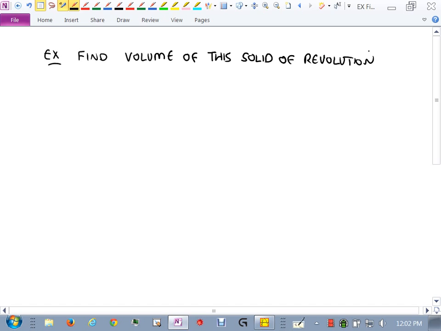Now, solid of revolution is a term that's used to describe what we're doing right here. We're making solids by revolving things around certain axes. They're called solids of revolution. So we'd like to find the volume of this solid of revolution. Let me give you the region. Your region that you're going to rotate is the one bounded by these curves.